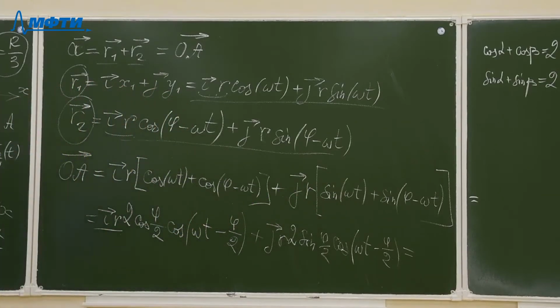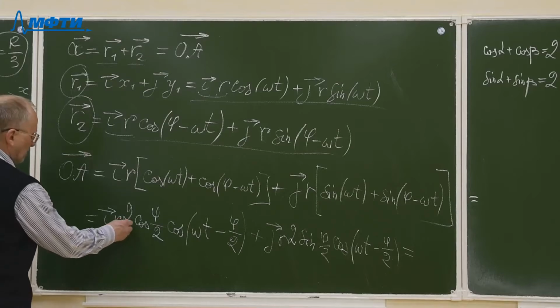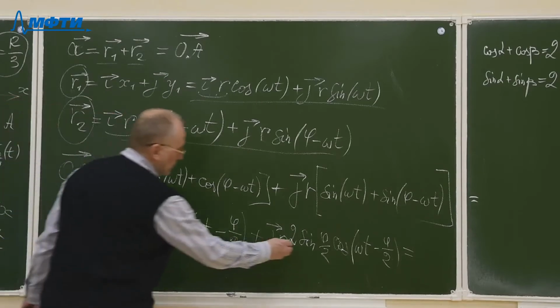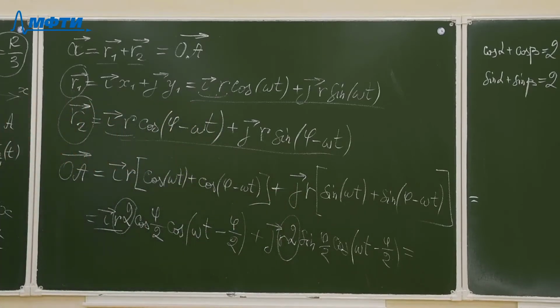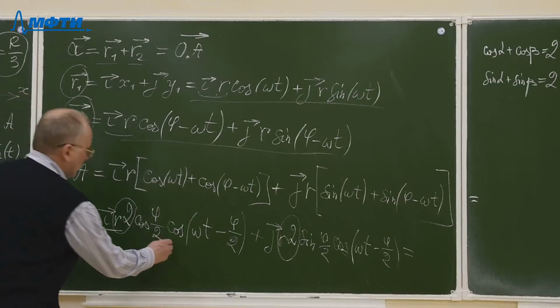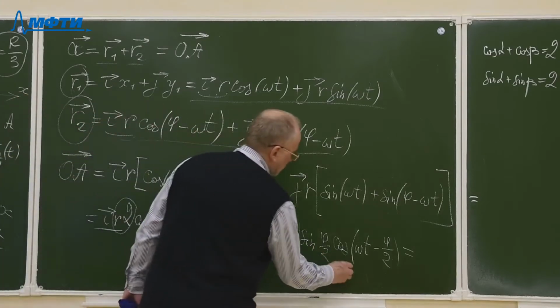But in order to do anything about it, we will be able now to understand what the common factor is. The common factor is 2r, which is seen here and here, and also cosine here and cosine here.